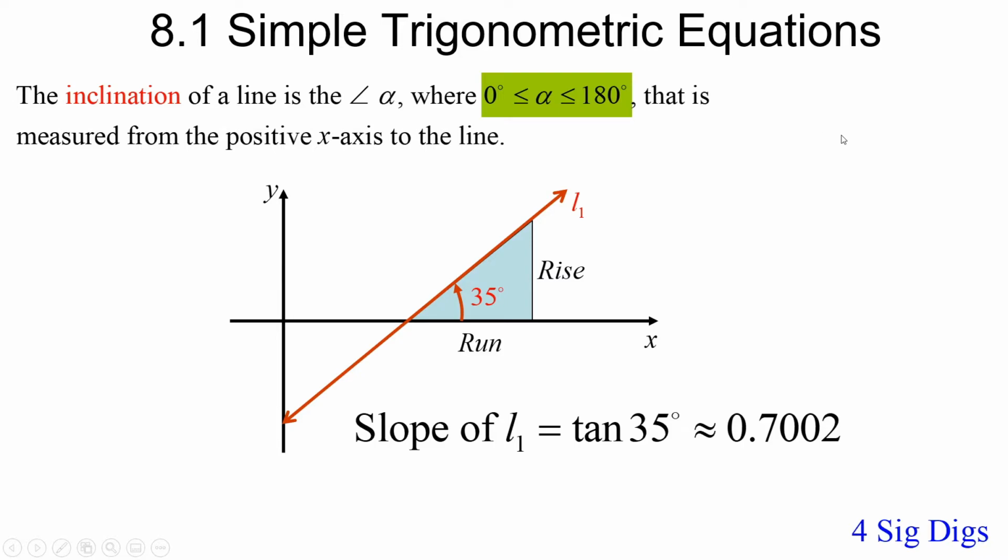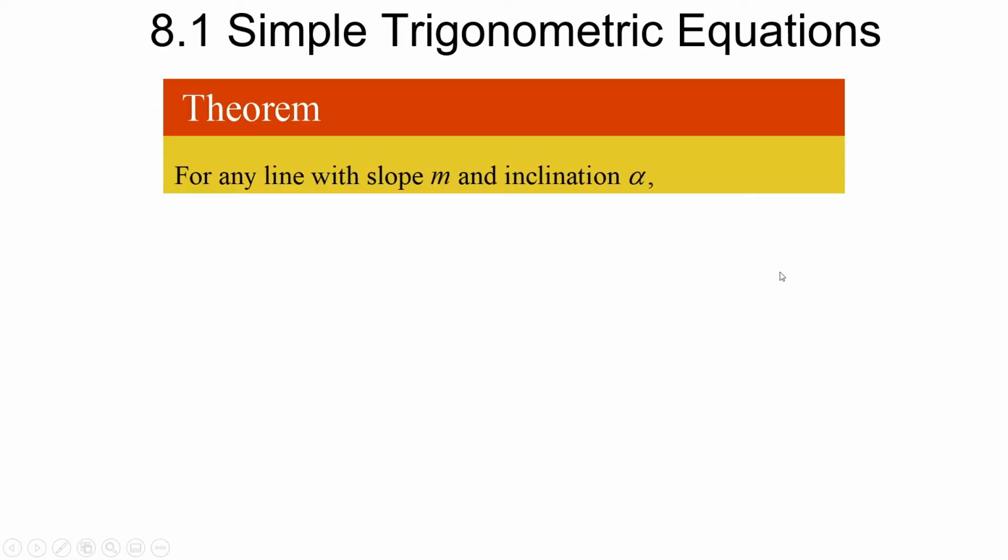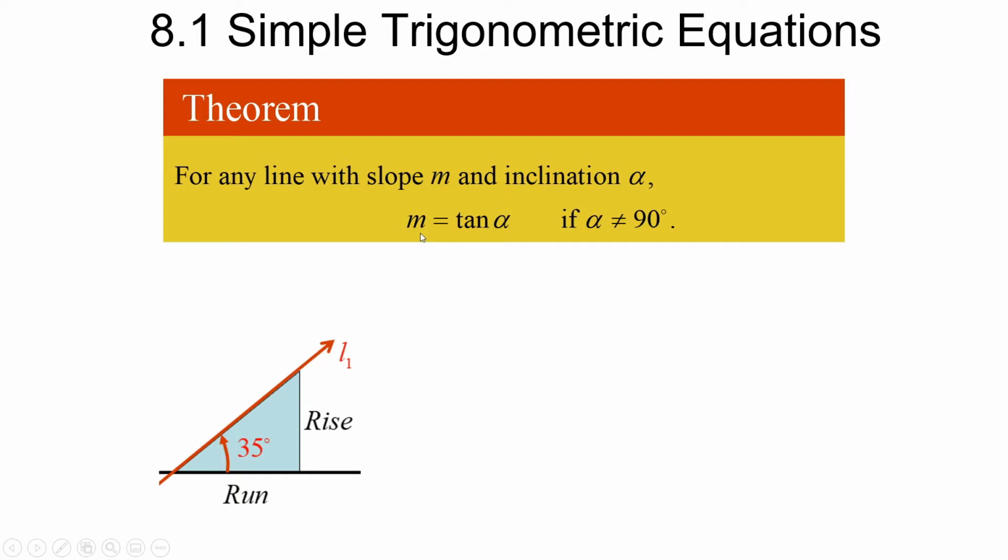Okay, so that leads to a very important definition. Oh, look at that, even a theorem. For any line with slope m and angle of inclination alpha, like we just saw on the previous slide, slope will always equal tangent of alpha, my angle of inclination, as long as that angle of inclination is not 90 degrees.